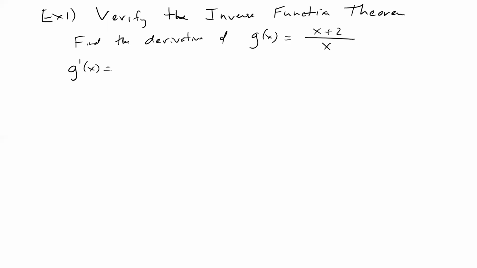Quotient rule is derivative of the top times bottom minus derivative of the bottom times top, all over bottom squared.